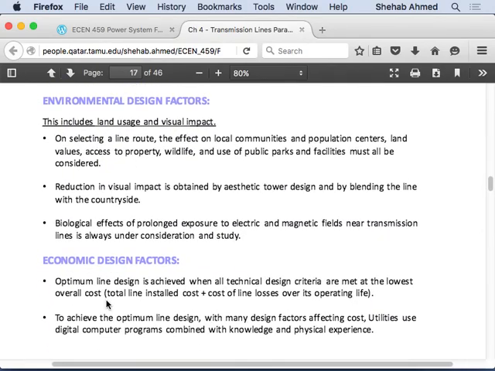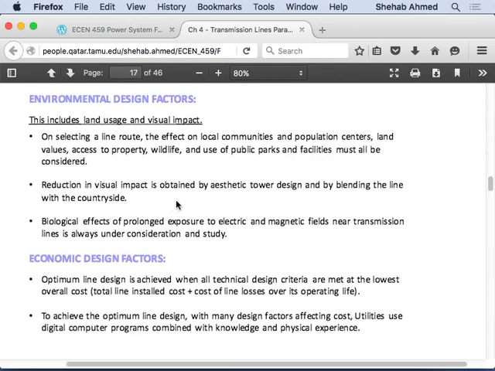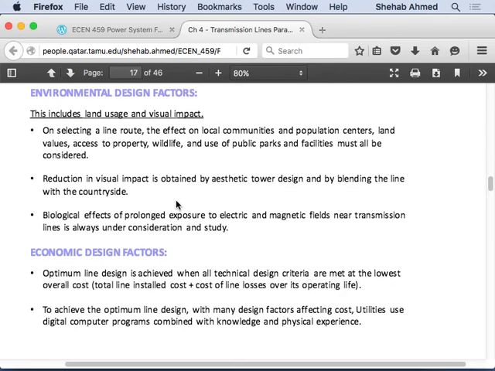Again, environmental factors, we talked about those a little bit as well, because you have to have a road leading to these places, to these transmission towers. These transmission towers are going to be close to people, so you have to make sure that they're okay with seeing this. There's a cost of land effect, of course. You don't want to buy a big piece of land for millions of dollars, and then have the utility company come put the transmission line right through your land, right?